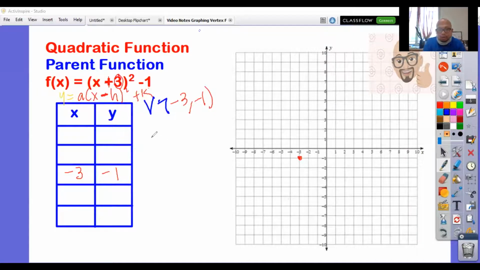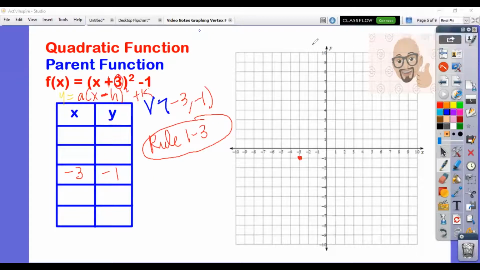There's a pattern called the Rule 1-3. Rule 1-3 is the strategy for graphing a quadratic function. Let me show you how to do it here, okay? Once you find the vertex, which is (−3, −1), instead of drawing a table of values, I'm just going up 1 over 1, up 3, 1, 2, 3 over 1.